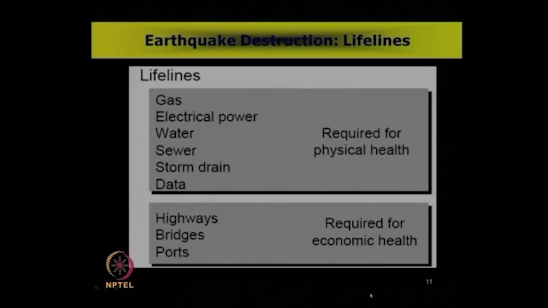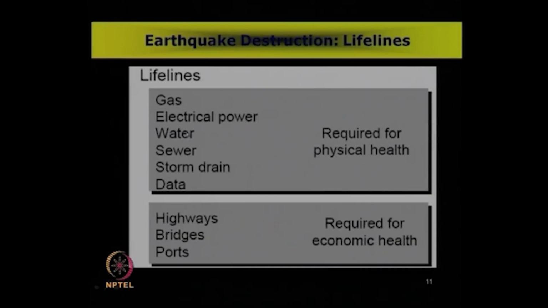We had also seen in our previous lecture that earthquake destruction can have a disastrous effect on the lifelines also, and for that we have categorized the lifelines in two major categories. One set of lifelines, we can call them those that are required or essential for the physical health of a human being or mankind or the society to run, and another set of lifelines which are necessary for the economic health of a country or of a city or of a civilization or of a society.